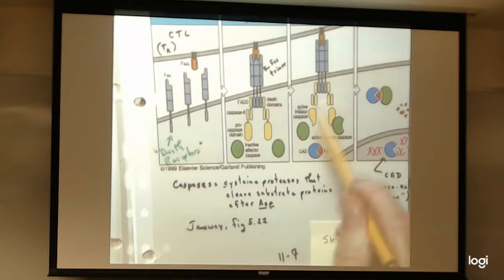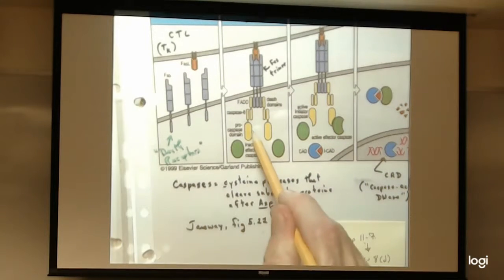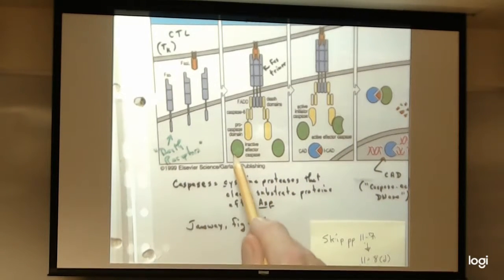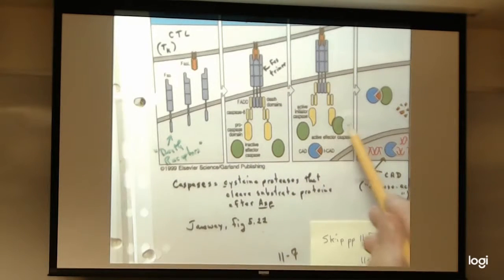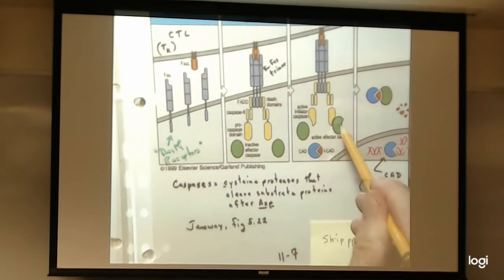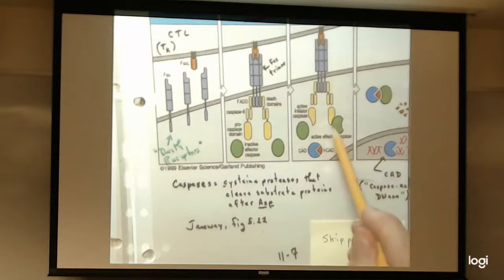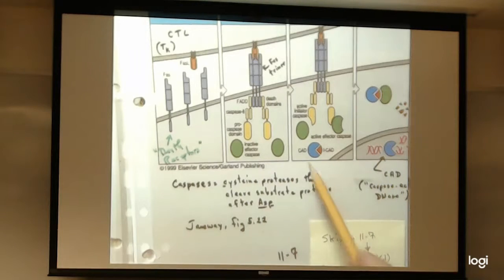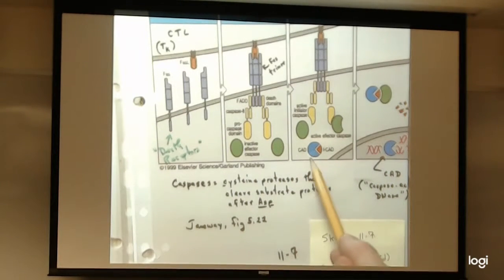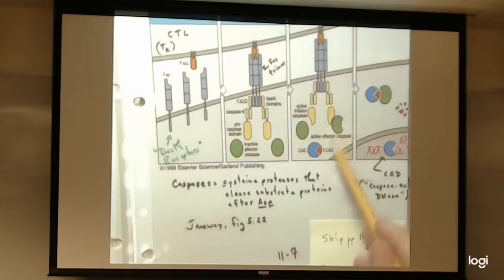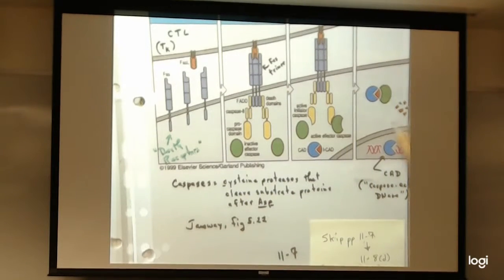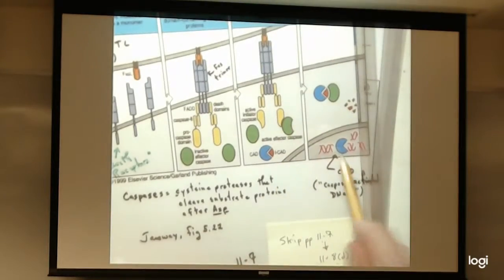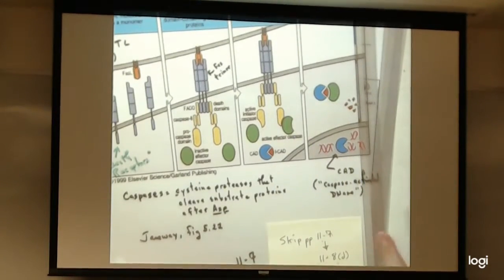This caspase will cleave the inactive caspase, and when cleaved it becomes active. The cleaved effector caspase will then bind to an inhibitory protein on a caspase-activated deoxyribonuclease. So this caspase will cleave the ICAD inhibitor into bits, making the DNase active to slice and dice the DNA in the target cell.